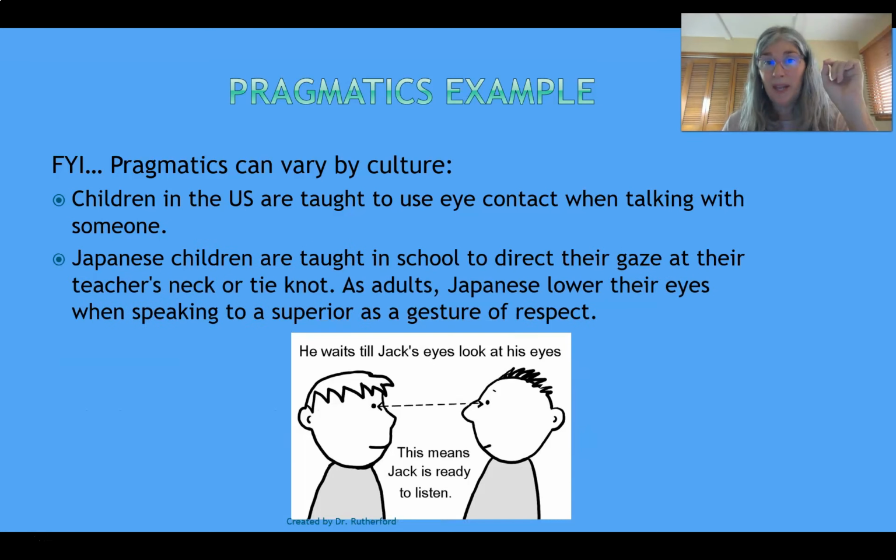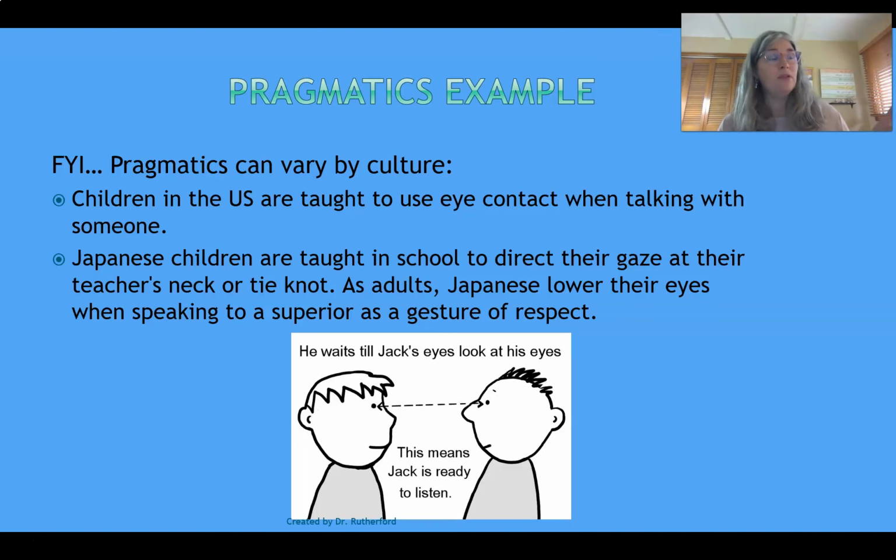However, in Japan, children are taught to look at the teacher's neck or to look at their tie if they're a male teacher. And as adults, Japanese will lower their eyes when speaking to a superior as a gesture of respect. So it's actually considered disrespectful to look someone right in the eye if they're considered to be a superior or an elder. So again, it's important to know these cultural differences.